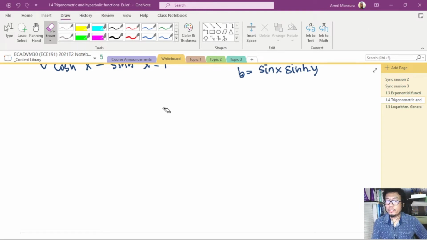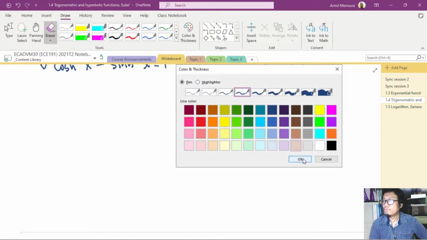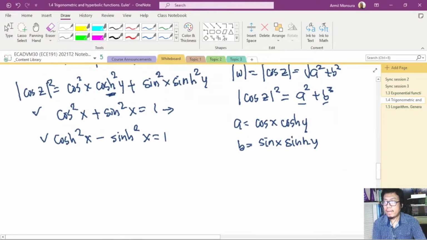So at this point, what I would like to do is replace this hyperbolic cosine square y with the identity: hyperbolic cosine square y equals 1 plus hyperbolic sine square y.